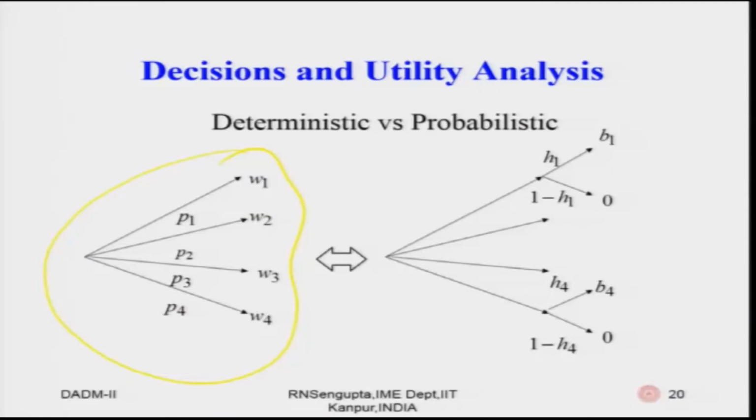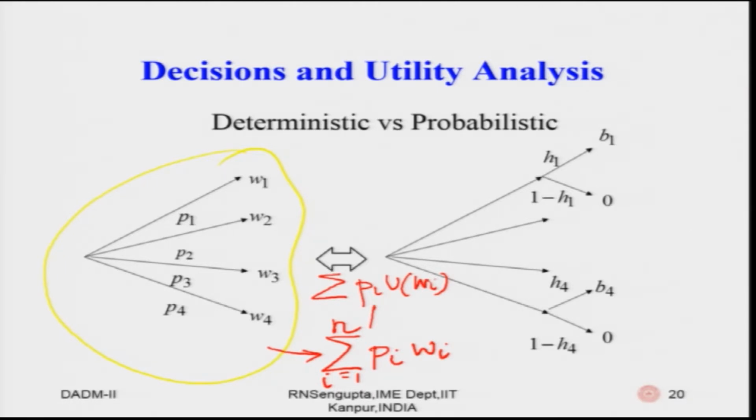So, your actual value for this decision, I am using a different color, would be the summation of Pi Wi, i equal to 1 to n, and if this is not valid, because W1, W2, W3 are not the utility values, you will replace that with the summation, I am not writing the limits, of probability Pi into u of Wi, whatever the u functional value is.